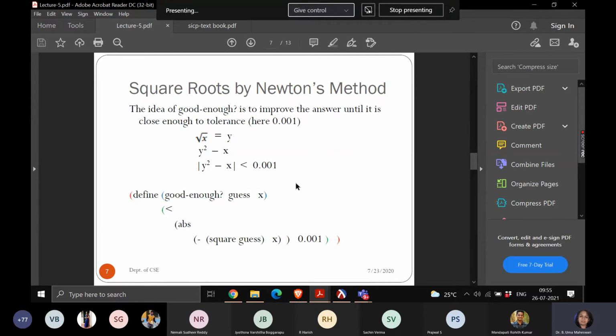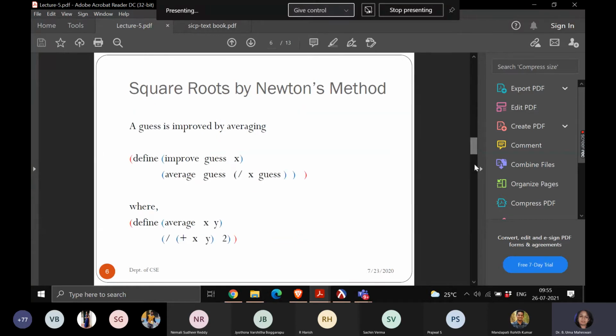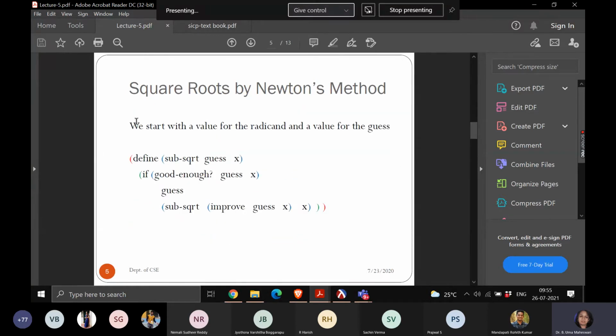Now if you look at the program, each and every part is defined by me. Good enough, I have defined. Improve, I have defined, and if you look at improve, there was average, which I also defined.